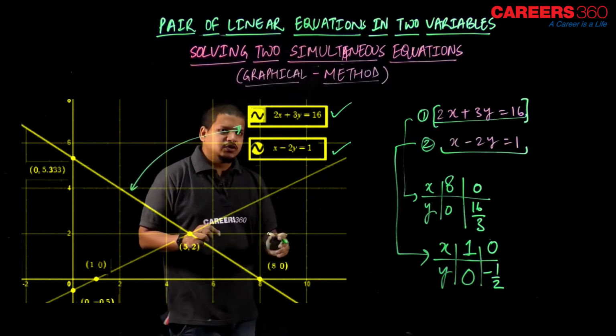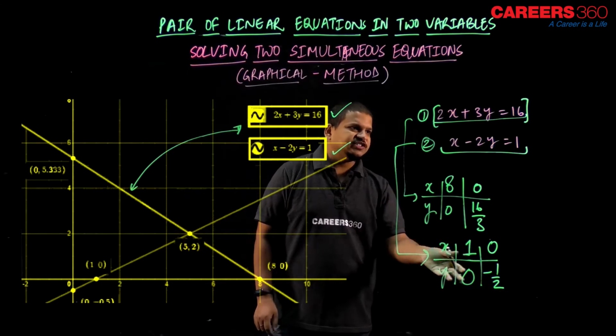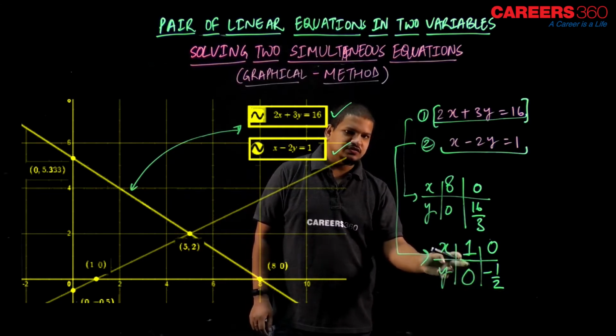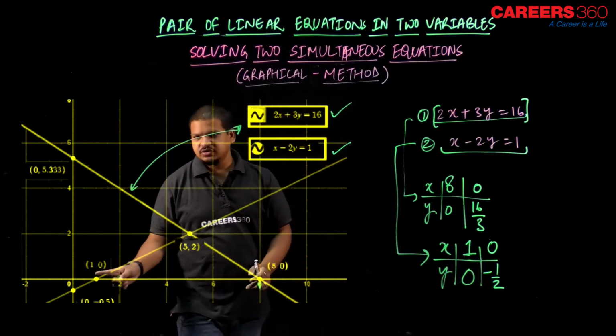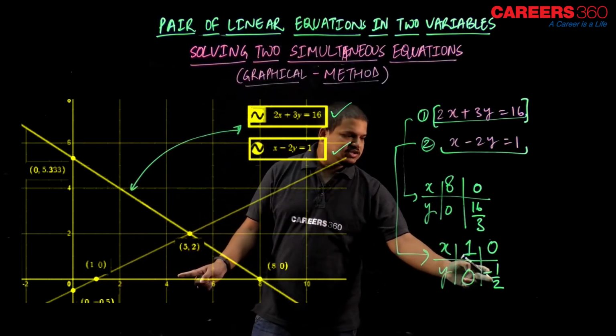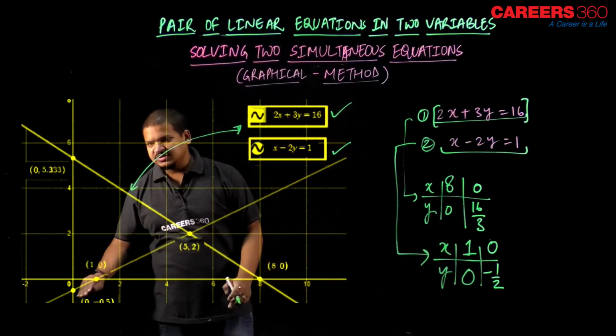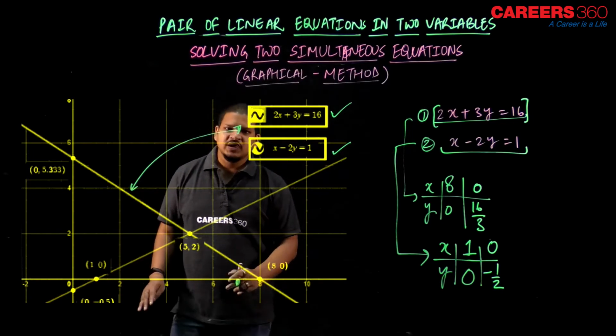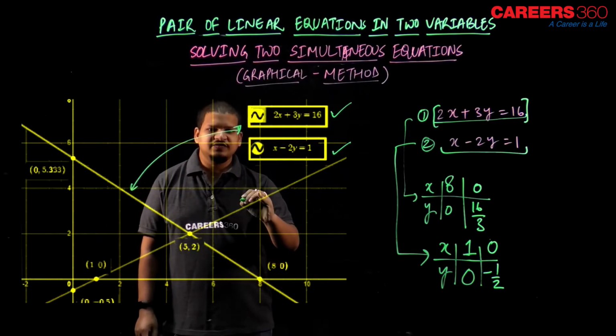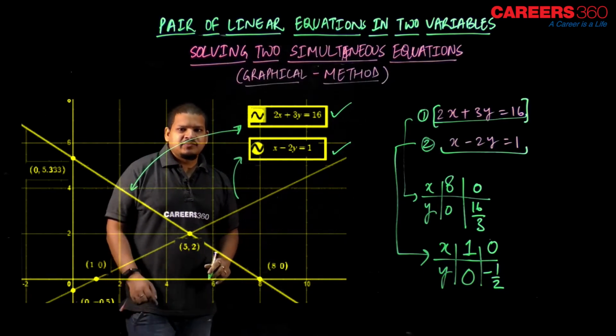Similarly, if you look at the table of the second equation, it has 1 comma 0, and 1 comma 0 is right here, and 0 comma minus half should be somewhere lying down the line. So the second line would be this one, right?